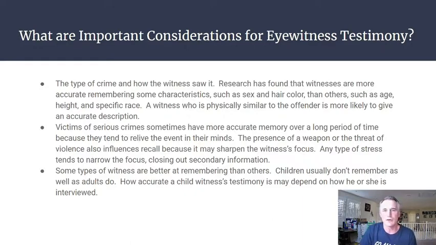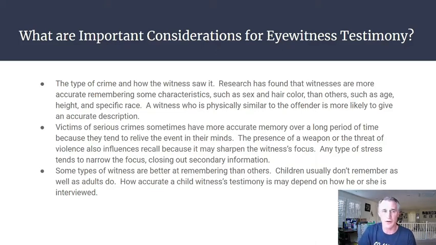A witness who is physically similar to the offender is more likely to give an accurate description. Victims of serious crimes sometimes have more accurate memory over a long period of time because they actually relive the event in their minds. If it's a traumatic experience, they may even have nightmares about it, and it kind of actually lets them memorize it even more so.